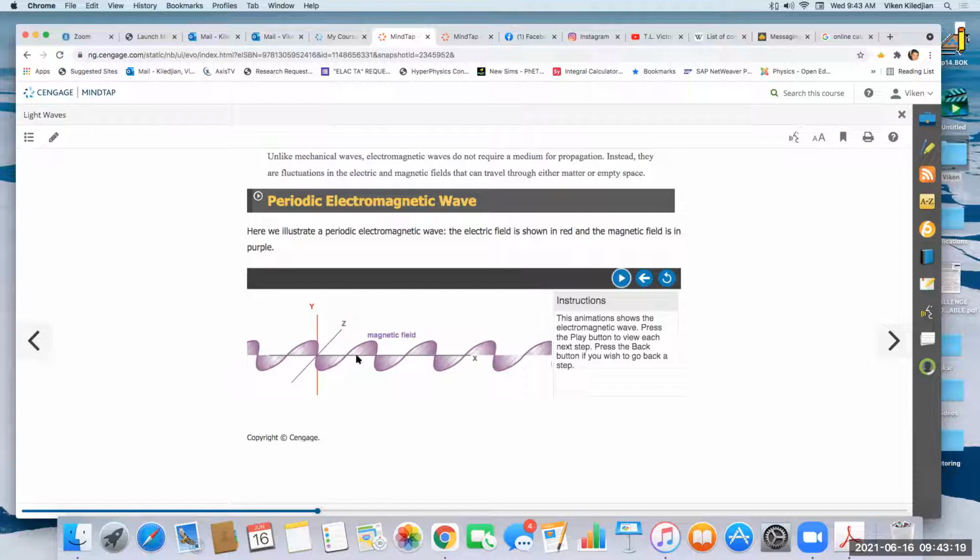Coming out of the screen, going into the screen. So then that makes the magnetic field perpendicular to the direction of travel. And not only that, the magnetic field also is perpendicular to the electric field, you see? The electric field is up and down, and then the magnetic field is coming out of the screen, into the screen. So then that's how light propagates.